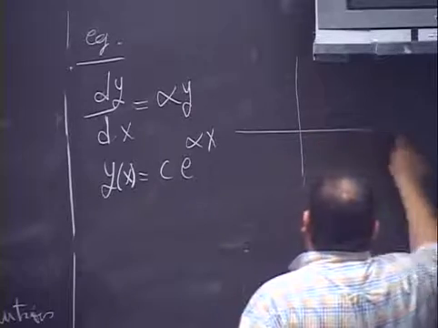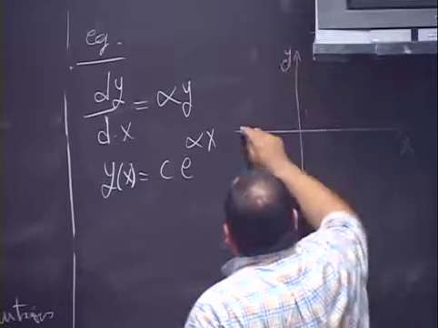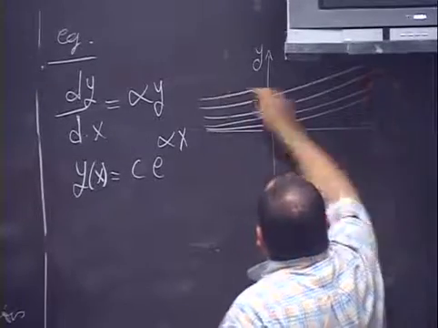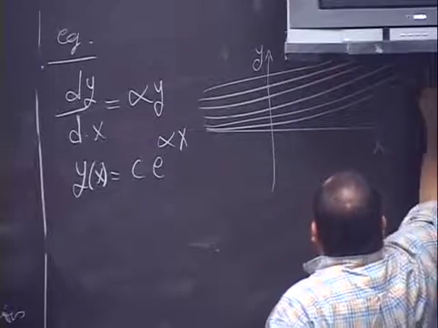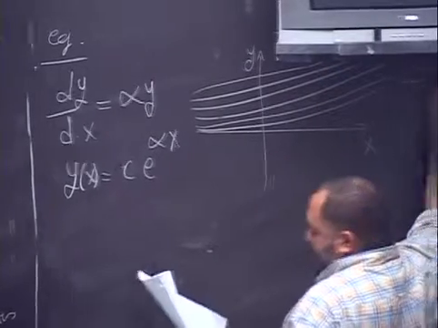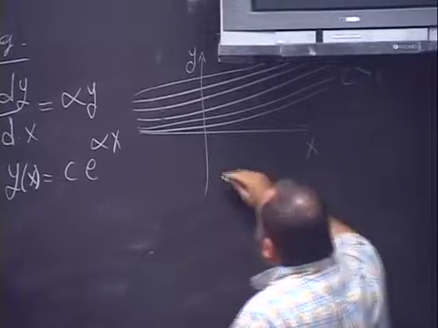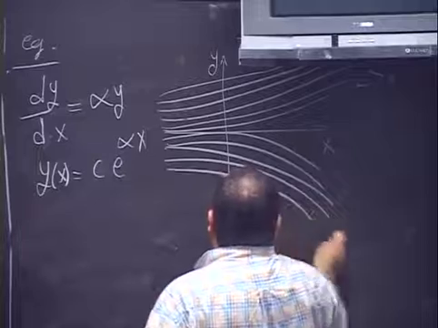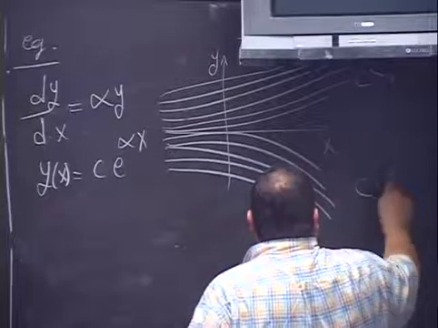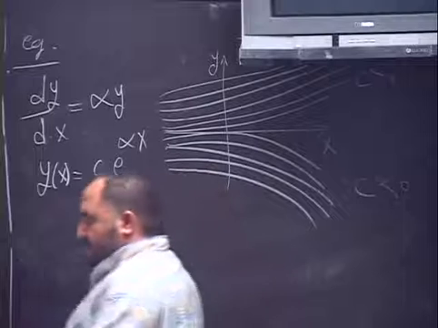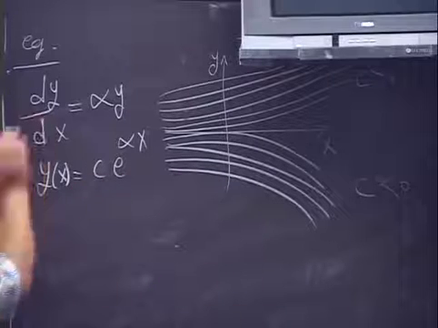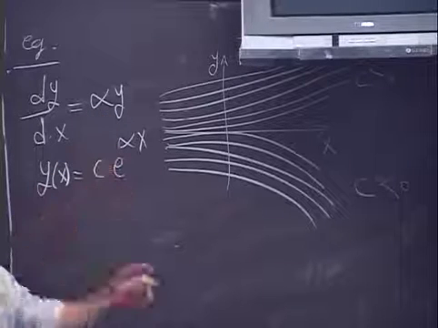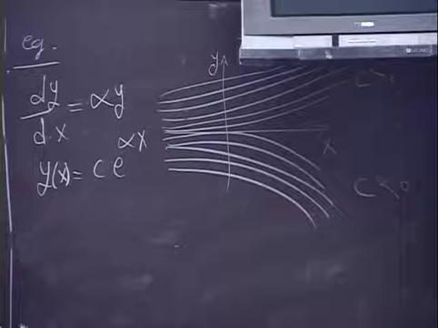If you plot this with x, you will notice that you will have something like this for c greater than 0, and something like this for c less than 0. Okay, guys? So we have infinitely many solutions. It depends on the values of alpha and c.